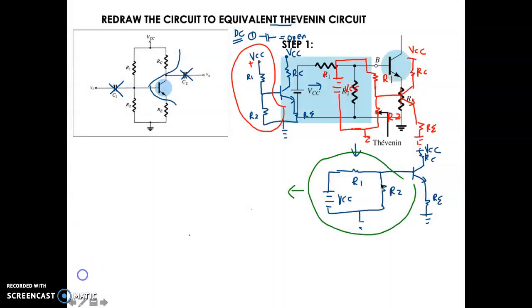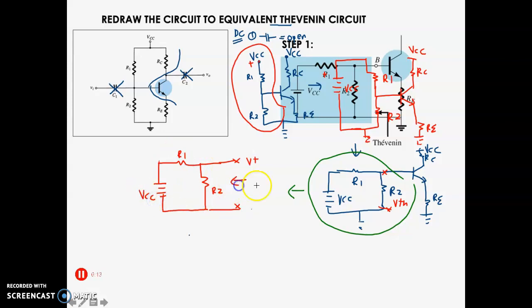Okay, so how are you going to convert this circuit to Thevenin? The input from the base will be your VTH. So let's say this is your VTH, the open circuit, and here is your R2, here is your R1, and VCC.